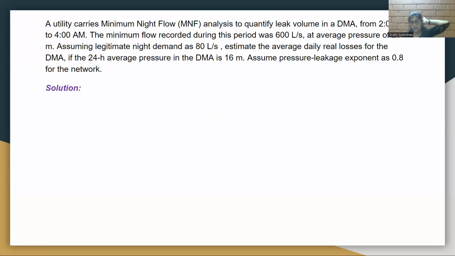You can apply it in that Lambert formula and find out the pressure leakage. You can find out the average leakage for the pressure value that is given, and also the real losses, using the formulas that I just explained, and just let me know the answer.